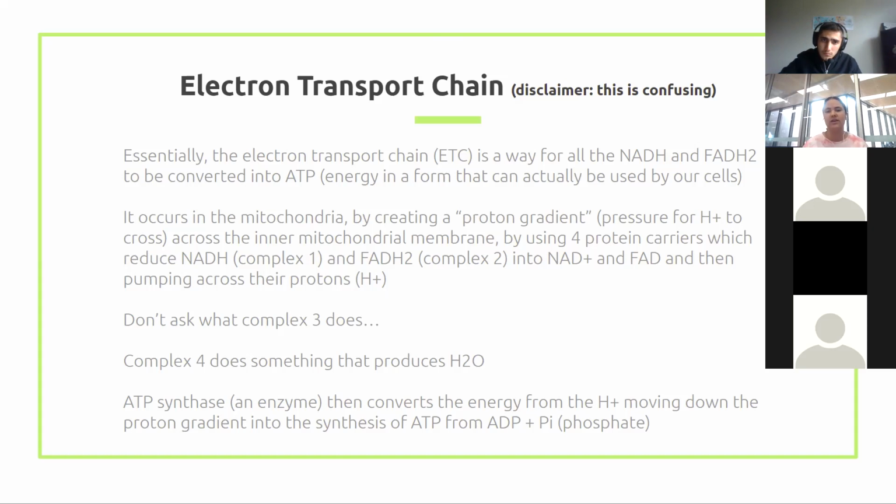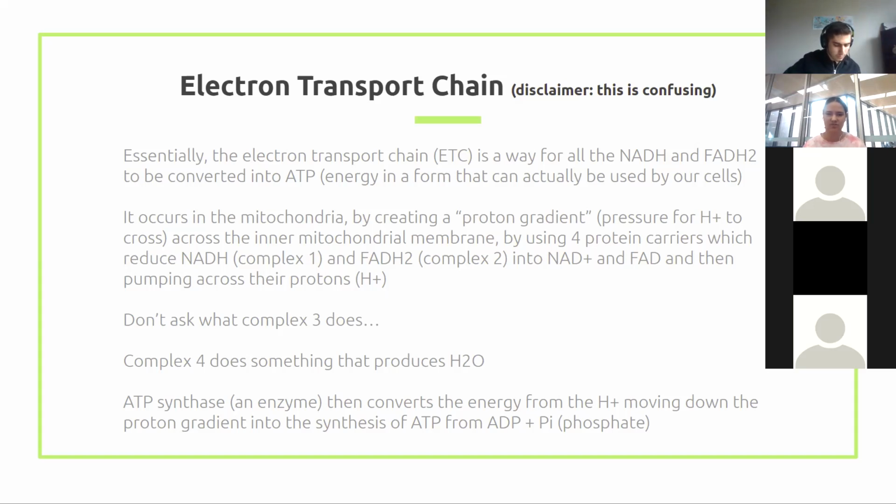And the way that it does this is using 4 protein carriers, which reduce NADH into NAD plus, which happens in complex 1, and FADH2 into FAD, which happens in complex 2, and then pump across the membrane those protons that it's reduced off.